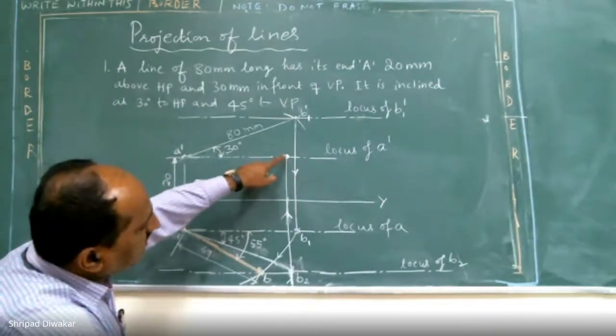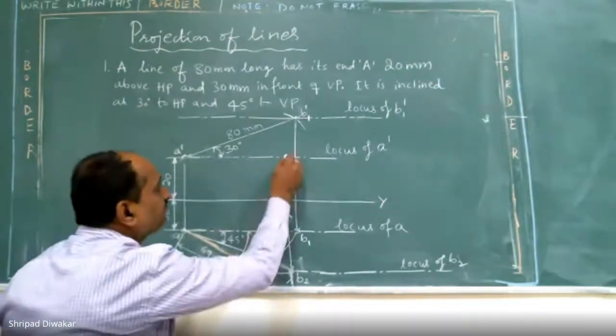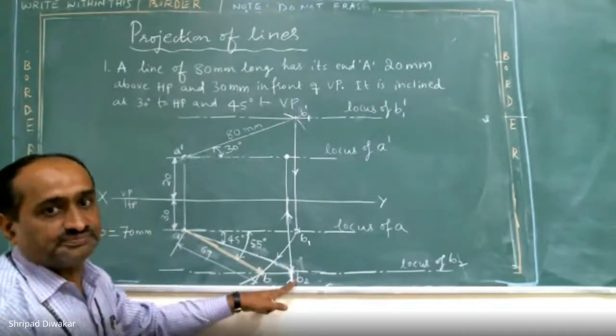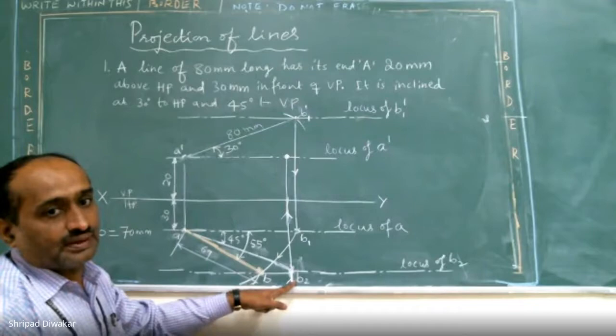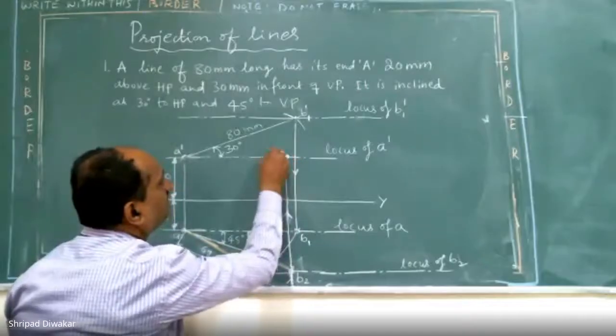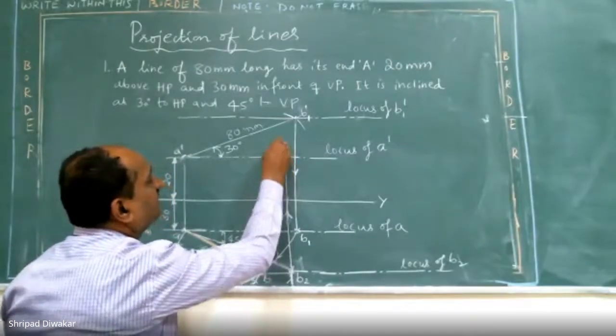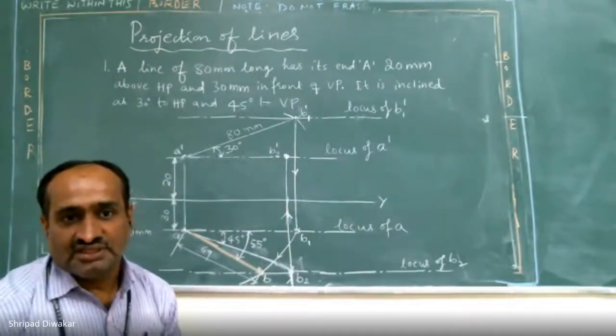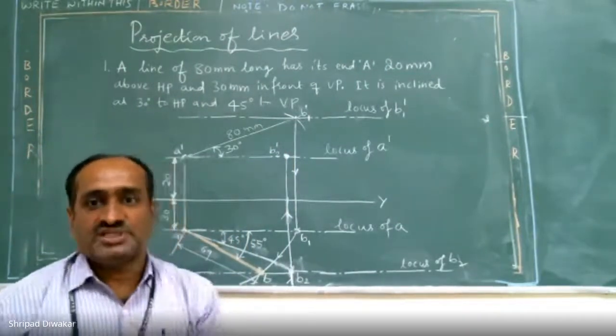Can you tell me how we are going to represent this point B2? B2 dash, exactly right. Remember, that's why I said the front view, top view representation is most important. I explained in projection of points.